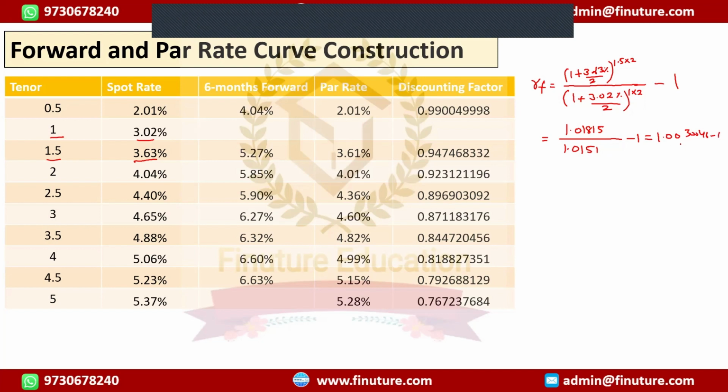So if I subtract that, it would be equal to 0.003. It has to be multiplied by 2 because it's semi-annual. So it will give me a semi-annual compounding rate. If I were to convert that annually, the entire thing has to be multiplied by 2. So let me just write it over here. Likewise, 2 into this bracket.